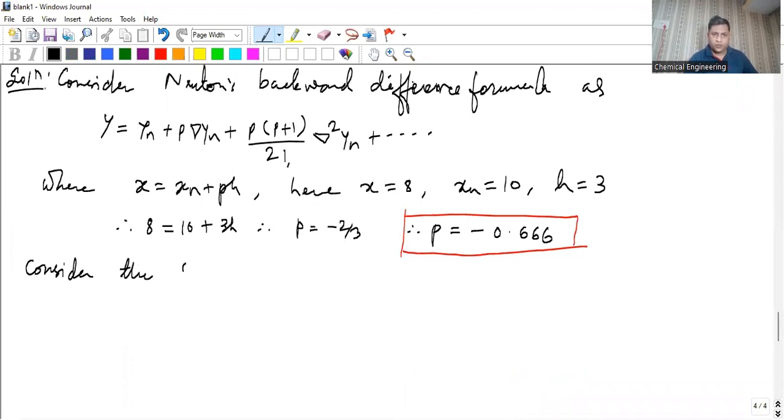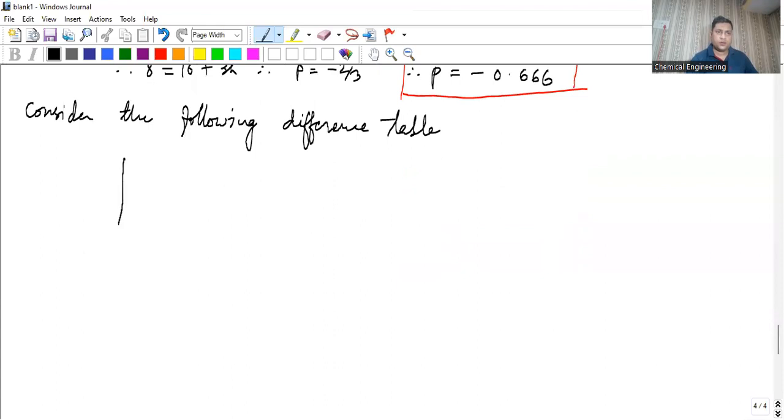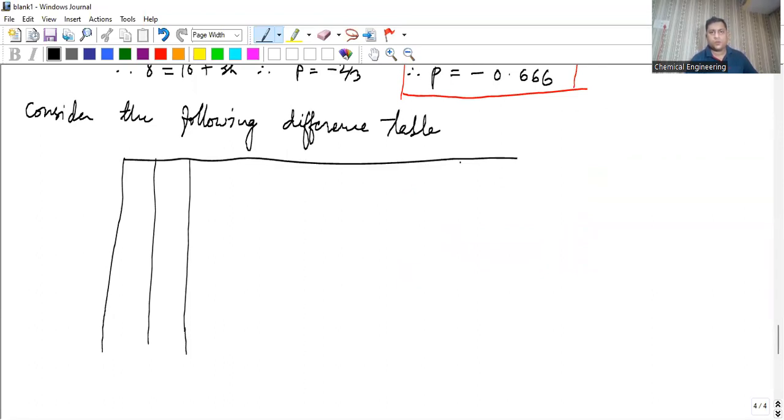So consider the following difference table. What we have here: we have x, y.